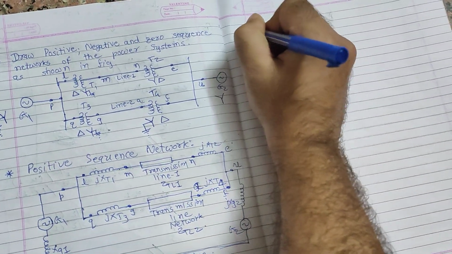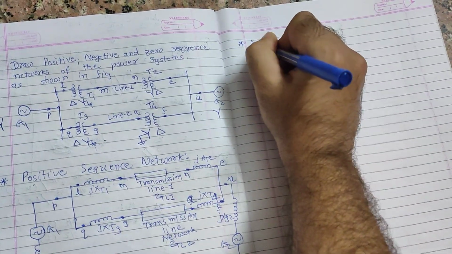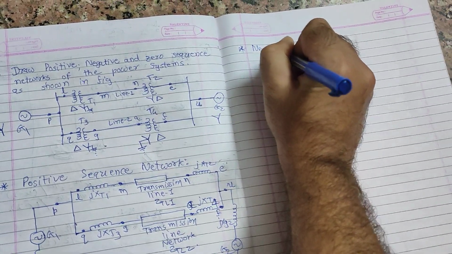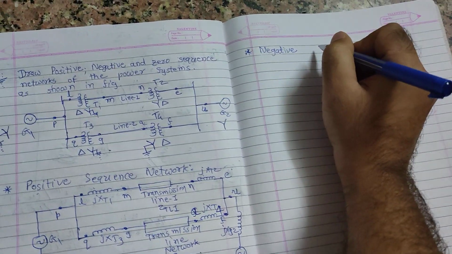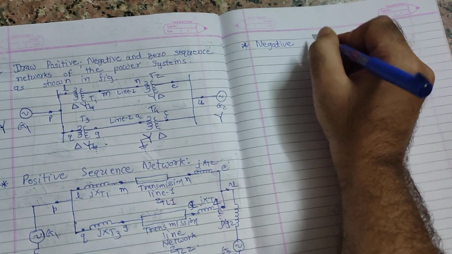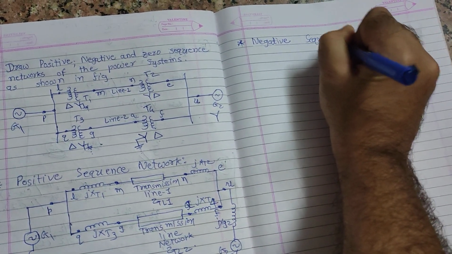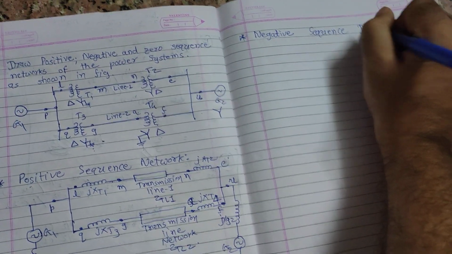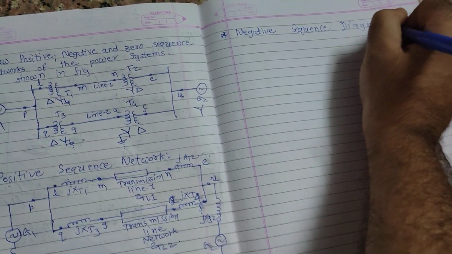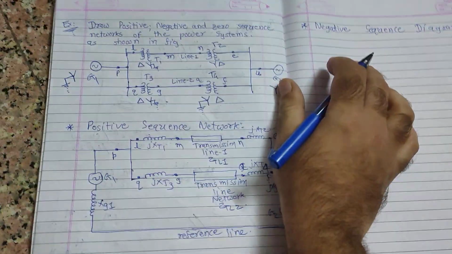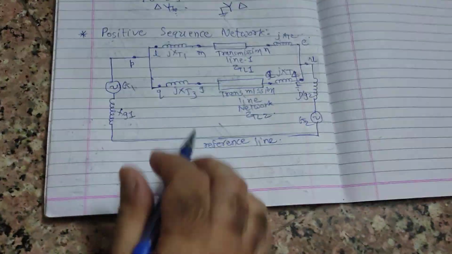Now we will draw the negative sequence diagram. In the negative sequence diagram, any sources that are given are suppressed. Now look at this diagram.